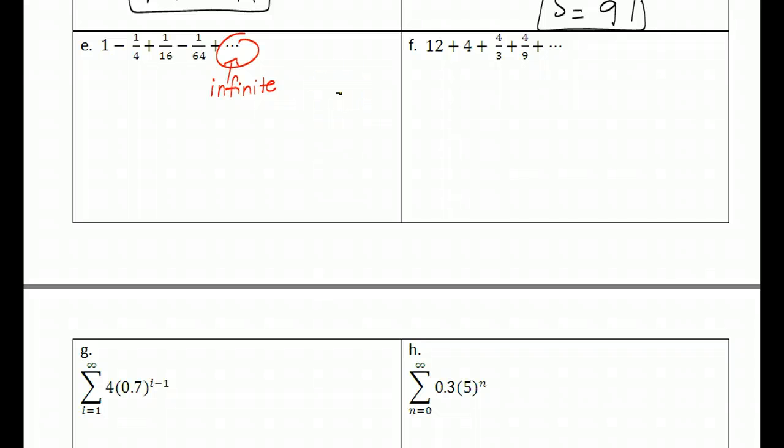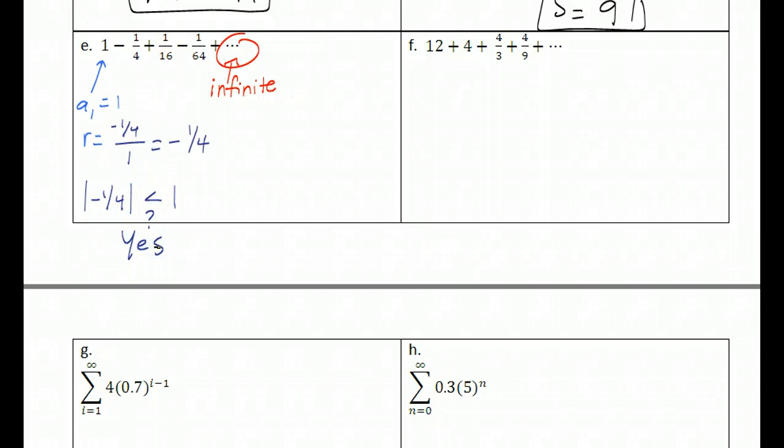This time, the A1 and R are not as obvious to find. Well, actually, A1 is obvious to find, because A1's always the first term. But I will need to find R. So remember from last time, if I know two terms right in a row, I can just take a term and divide by the previous term. Okay, R is -1/4. Then in my mind I'm thinking, okay, is that less than 1?